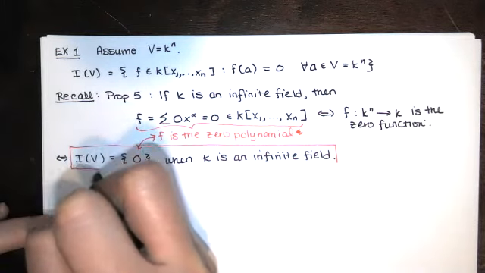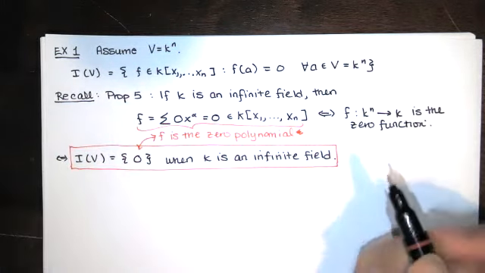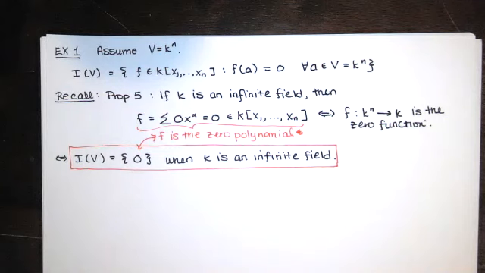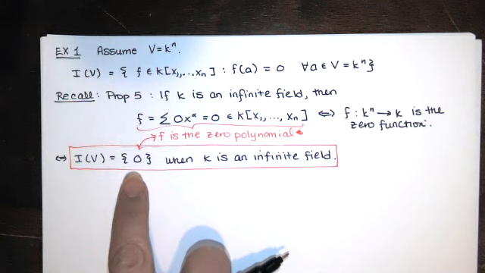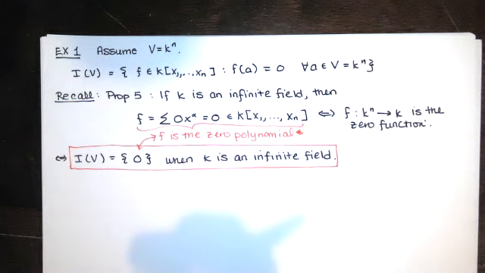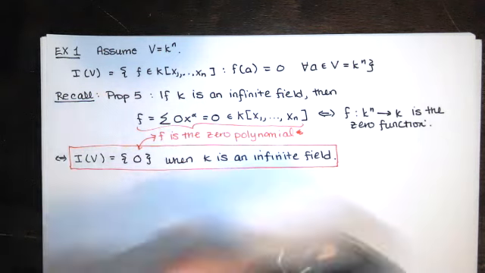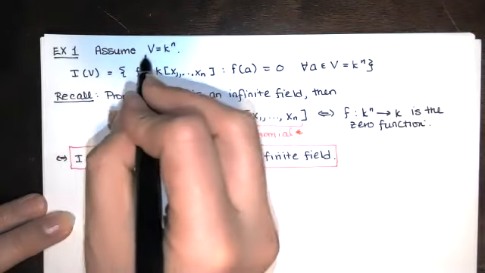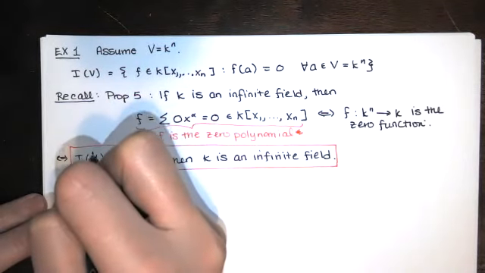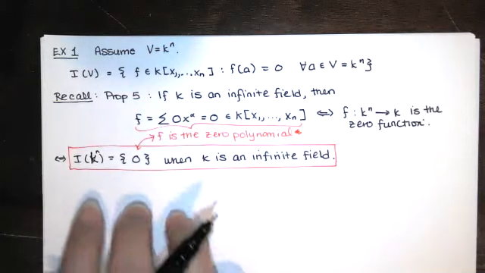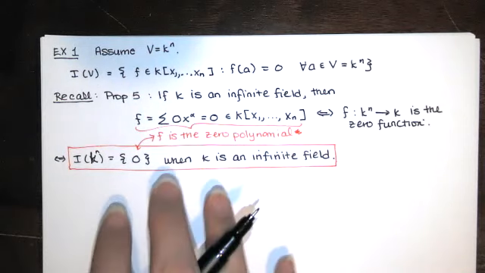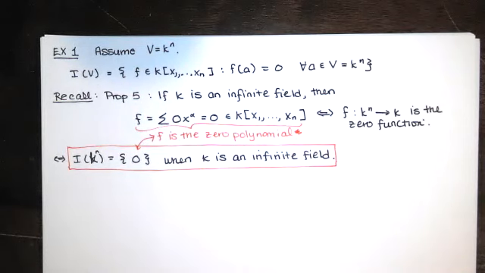So that's a good fact to make note of. We should be aware that the only polynomial that is equal to 0 at all points in n-dimensional affine space is the zero polynomial. Oops. This is where the variety is all of n-dimensional affine space, so we should write it like that. The ideal of n-dimensional affine space is the zero polynomial.